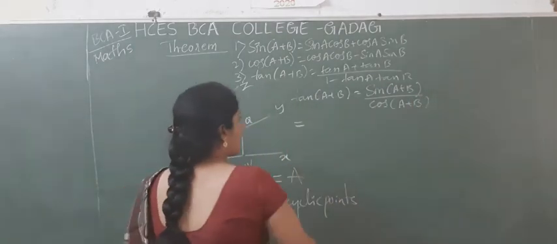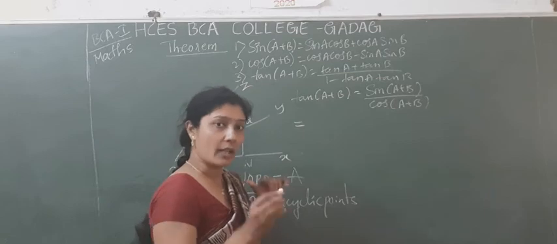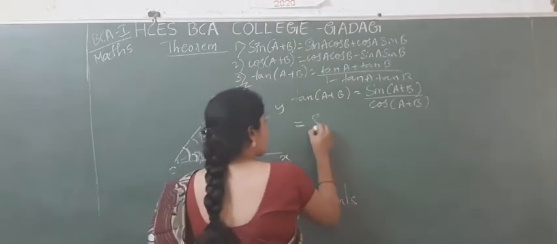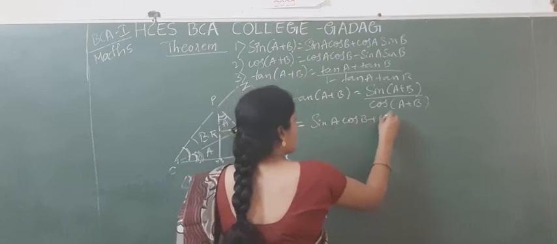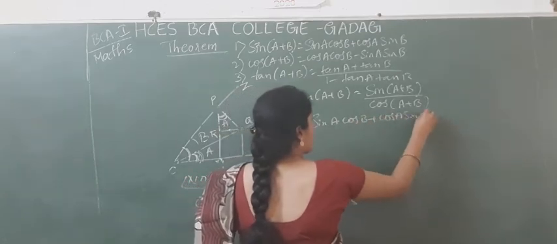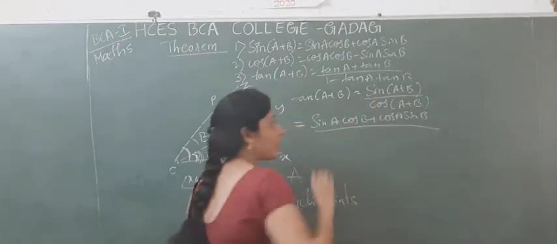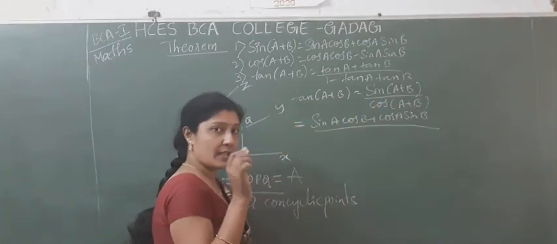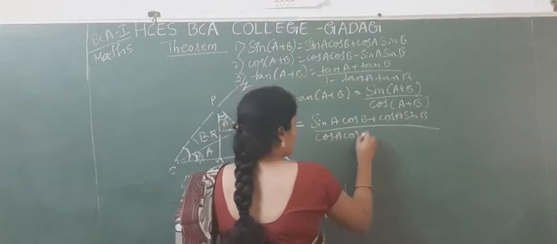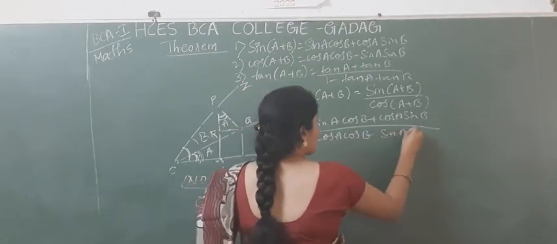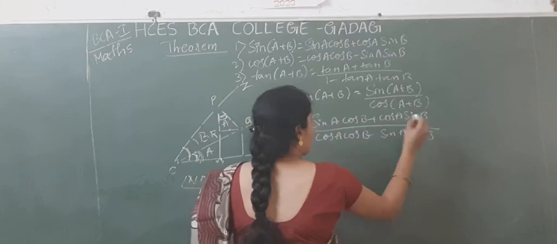Now what is sin A plus B? Already we have derived: sin A cos B plus cos A sin B divided by, what is cos A plus B? Cos A cos B minus sin A sin B.